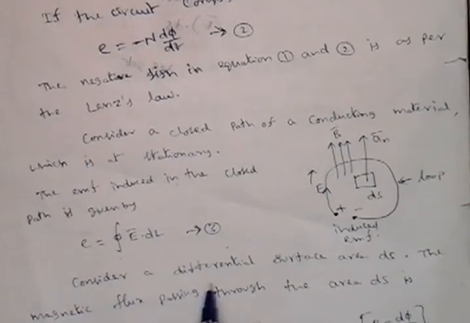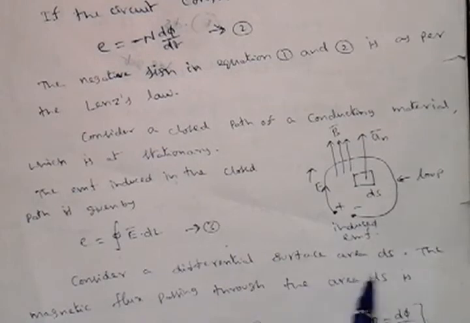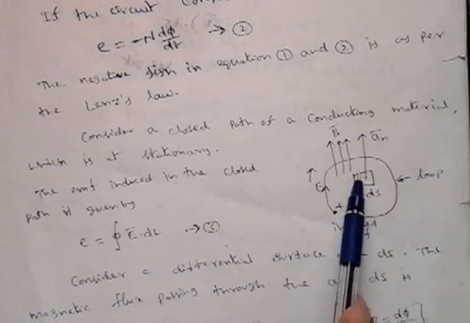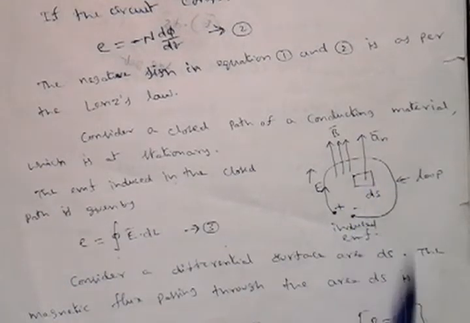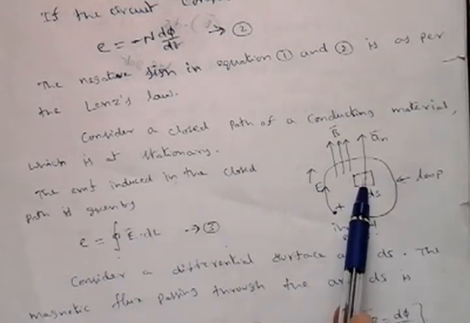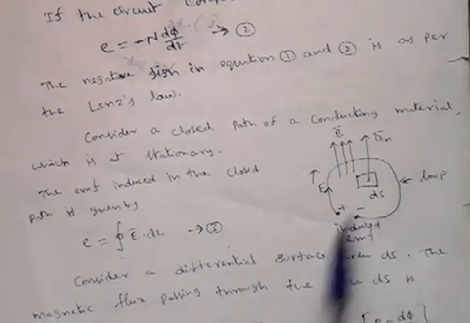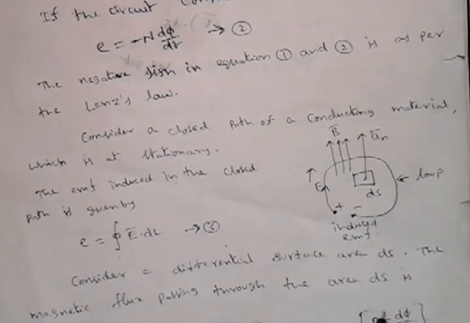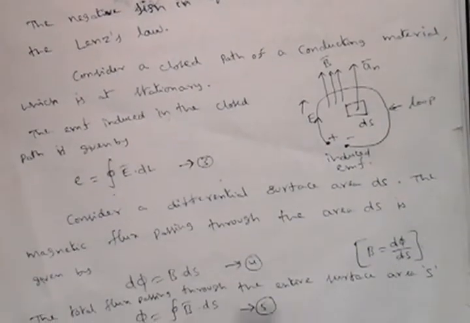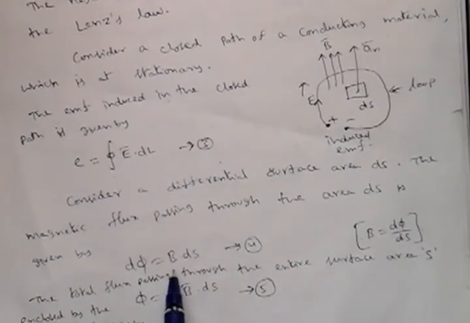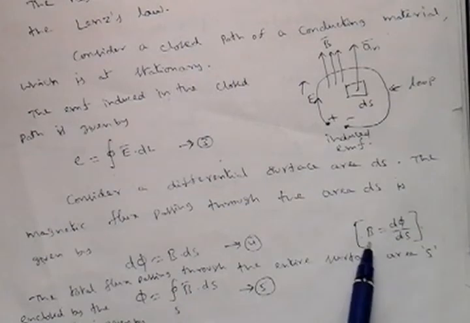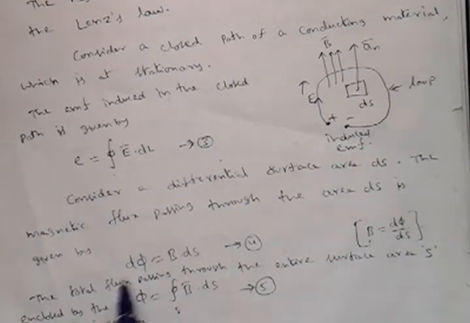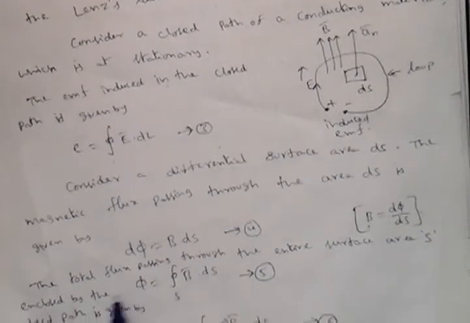Now consider a differential surface area ds in this conducting material, through which the flux is d phi. The flux passing through the differential surface area ds is d phi equal to B dot ds. How did we get this? Flux density B is equal to d phi by ds, so d phi is equal to B into ds.